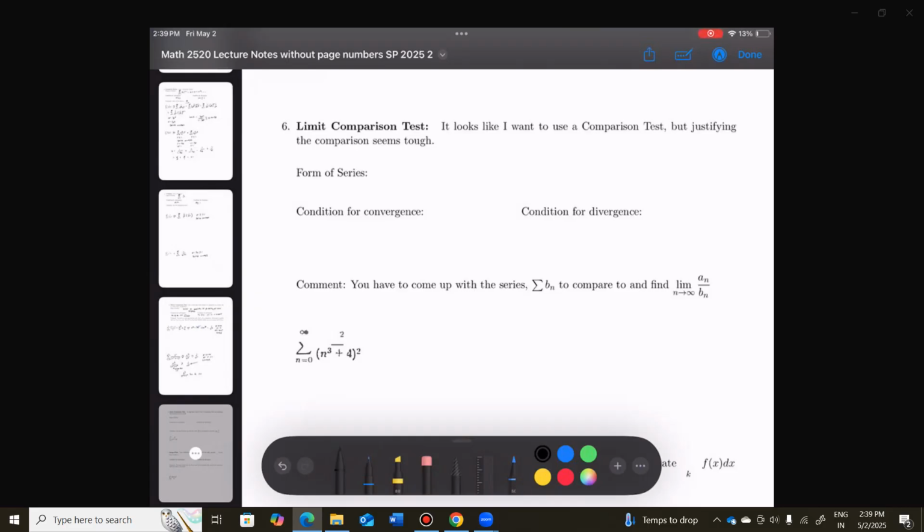Here, the limit as n goes to infinity of a sub n over b sub n equals c, where c is greater than or equal to 0. We see if both series converge, or if both series diverge.